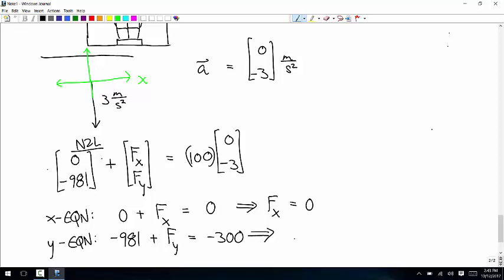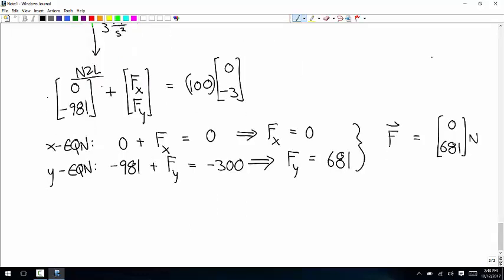And if you solve that, you get Fy is equal to positive 681, which says that the force vector applied by the scale is equal to 0 x plus 681 newtons y. And so that's an upward vector of 681 newtons, which is equal to something like 155 pounds.